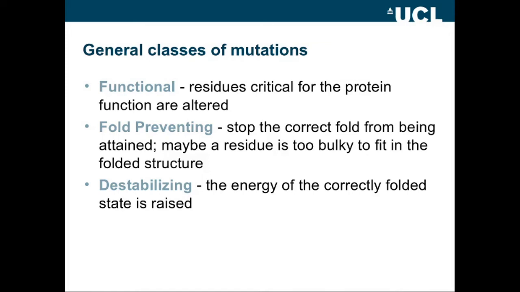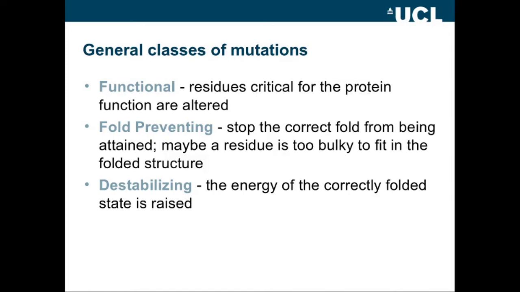We then have fold-preventing mutations. These are mutations that stop the correct fold from being attained, perhaps because we have a small to large mutation in the middle of a protein and it just stops the protein from being able to fold up properly. And thirdly, we have destabilizing mutations.